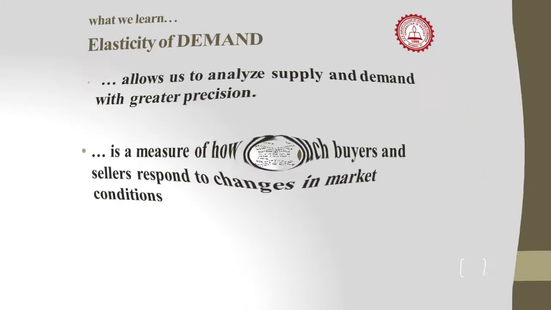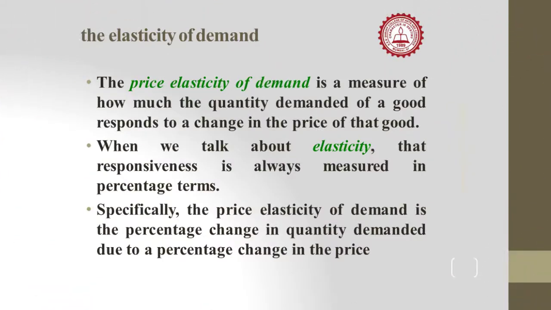The price elasticity of demand is given by the percentage change in quantity demanded of the commodity divided by the percentage change in price. In other words, the price elasticity of demand is the percentage change in quantity demanded due to the percentage change in price.